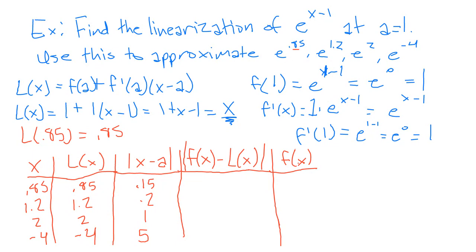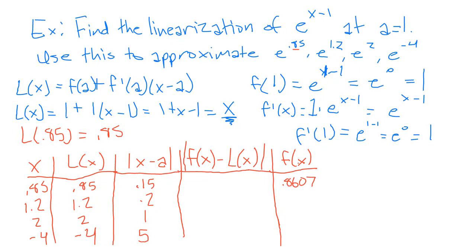So if we plug in 0.85 directly into our function, so if we look exactly at 0.85 minus 1 for e to the negative 0.15, we're going to get 0.8607.